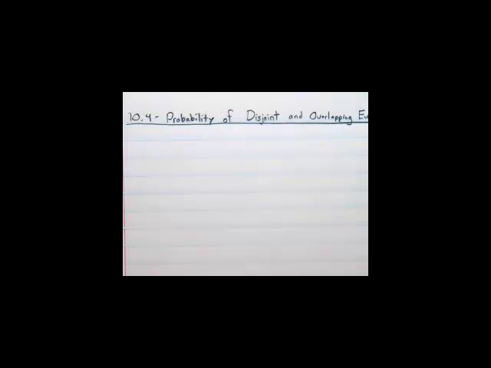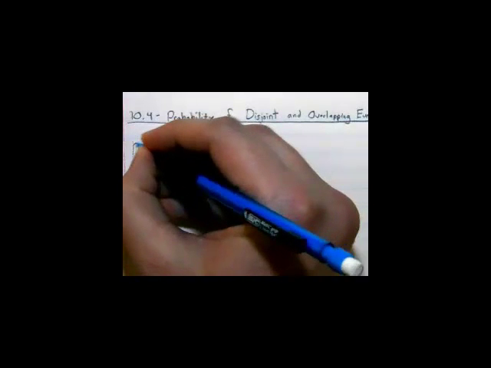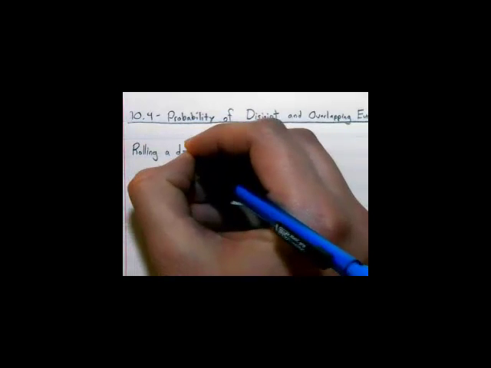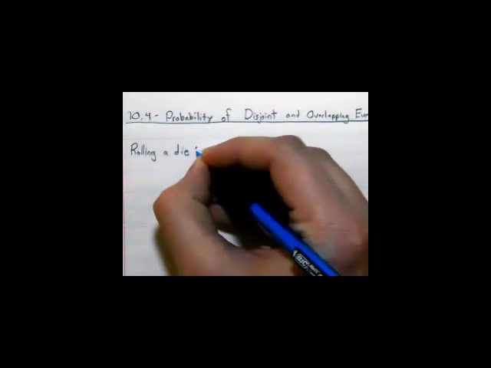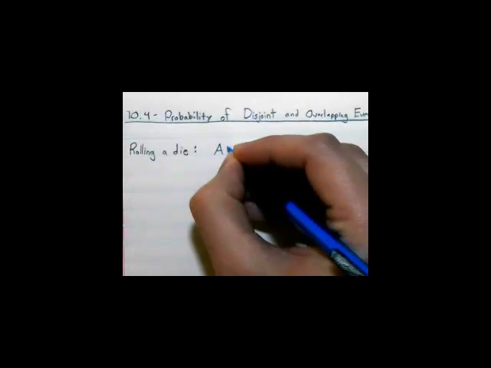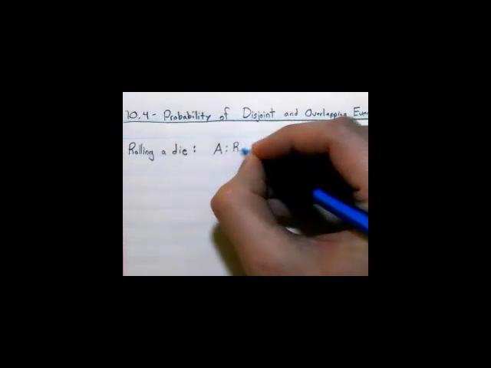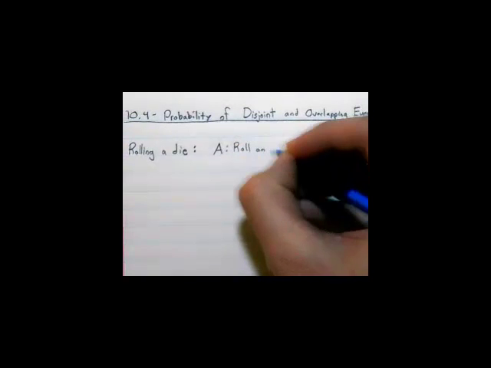Okay, so an easy example of this, rolling a die. And we're going to say that event A is you roll an even number.